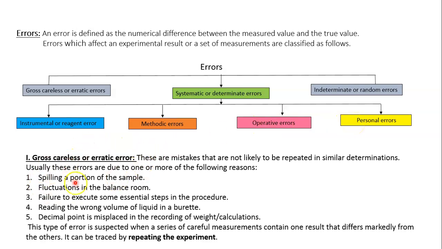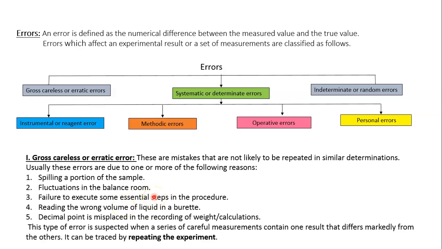Some examples of gross careless errors are mentioned over here. Gross, careless or erratic errors are very difficult to trace. These are mistakes that are not likely to be repeated in similar determinations, and usually it could be because of one of these reasons: spilling a portion of the sample, fluctuations in the balance room, failure to execute some essential steps in the procedure.